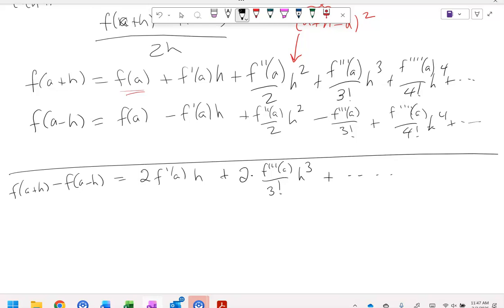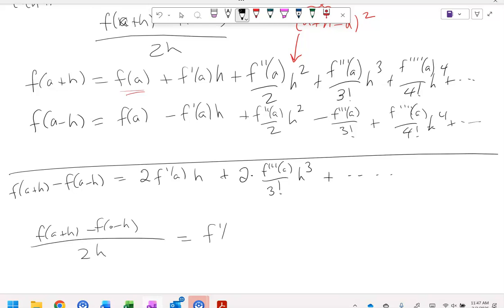Again, I want an approximation for the derivative. Now I'm going to solve for the derivative. I would need to divide both sides by 2h, right? So I do f of a plus h minus f of a minus h divided by 2h.